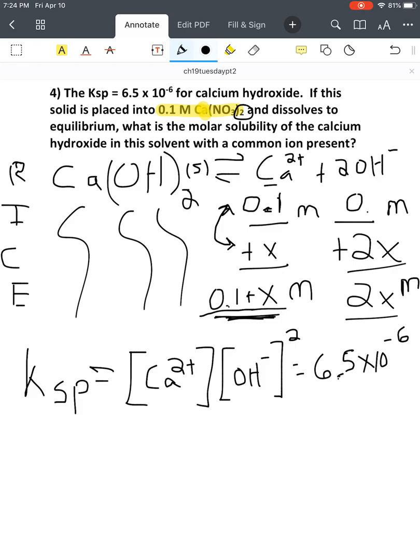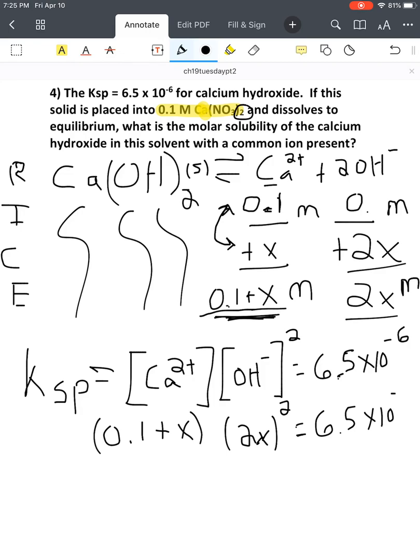We then go in and plug in numbers. 2x was our equilibrium estimate of what the hydroxide concentration should be. Still have to square that. And 0.1 plus x was my estimate for my equilibrium concentration of my calcium ion. Of course, all that's still equal to 6.5 times 10 to the minus 6, my KSP.